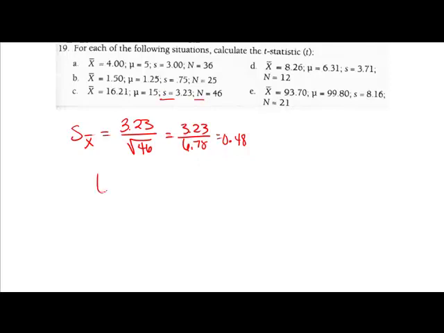Now to calculate t, we're going to subtract 16.21 minus 15 divided by 0.48. 1.21 divided by 0.48 is 2.5208. So t is equal to 2.52.